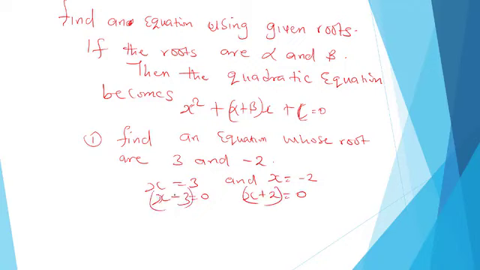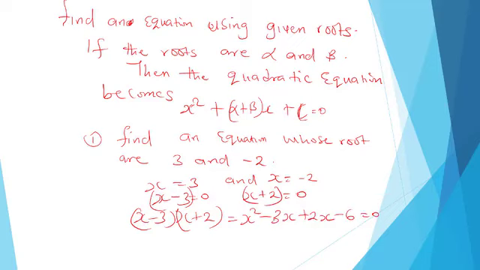We are looking for the equation itself, so you multiply both equations, x minus 3 and x plus 2. We now have x times x is x squared, minus 3 times x is minus 3x, x times 2 is plus 2x, then minus 3 times 2 is minus 6 equals 0.